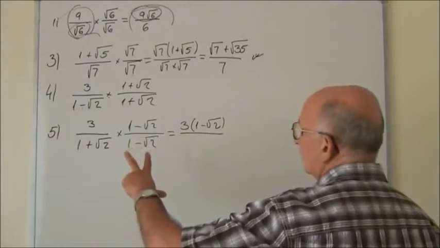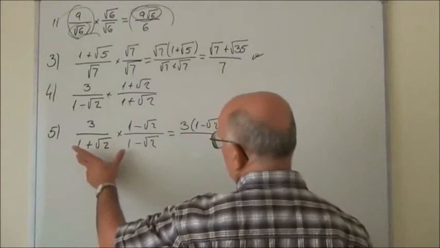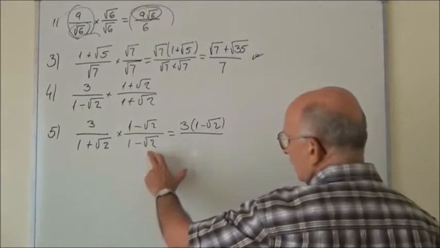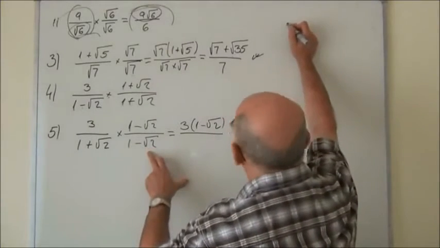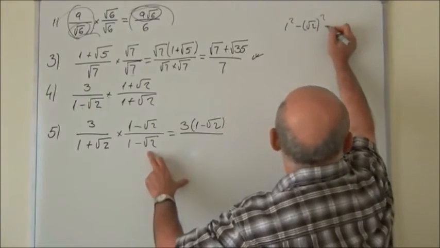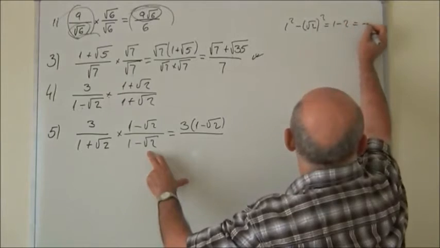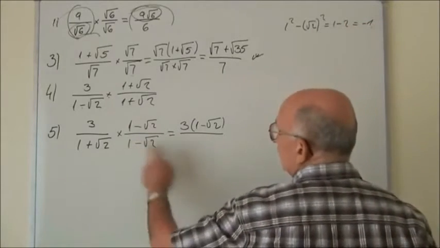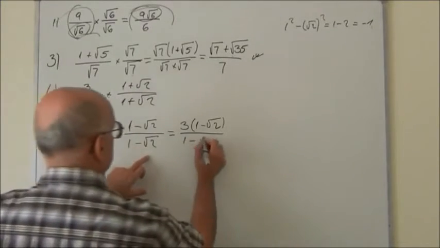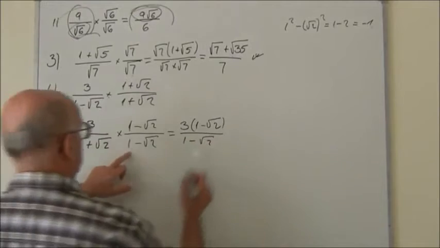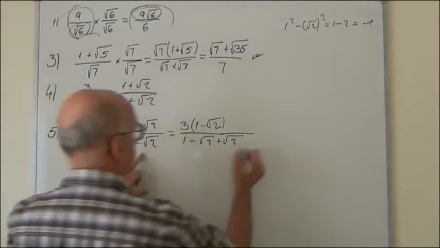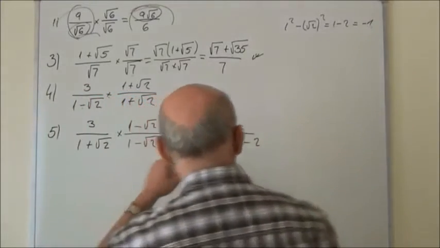And if you want to go with the formula, the one that I told you, that will be 1 squared minus root 2 squared, which is 1 minus 2, which is minus 1. But also you can expand: 1 times 1 is 1, 1 times root 2 is root 2, minus root 2 times 1 is minus root 2, and root 2 multiplied by minus root 2 is minus 2.